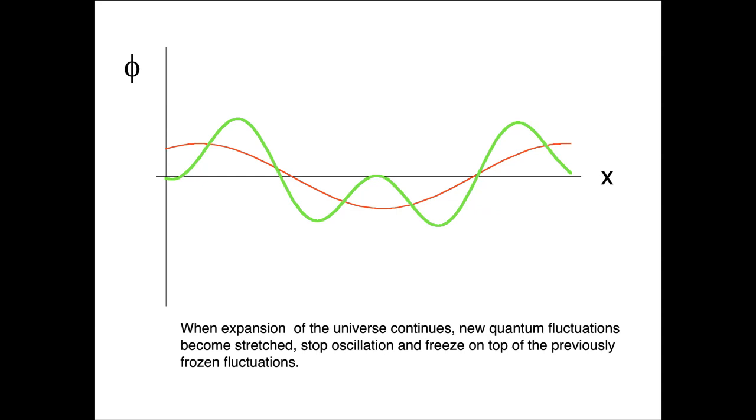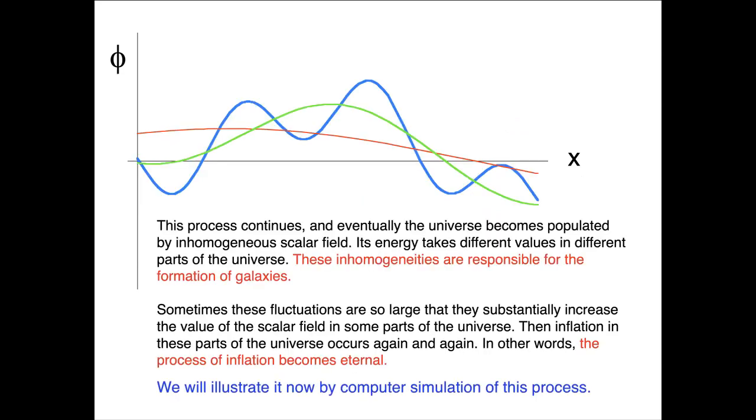New waves, which were short waves oscillating, not knowing anything about the expansion of the universe, become long waves, and long wave fluctuations are frozen on top of the previously frozen fluctuations. And then new fluctuations are frozen on top of the previously generated fluctuations.